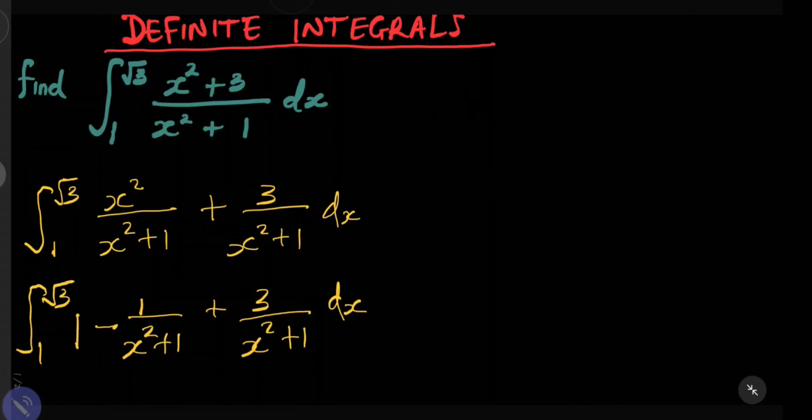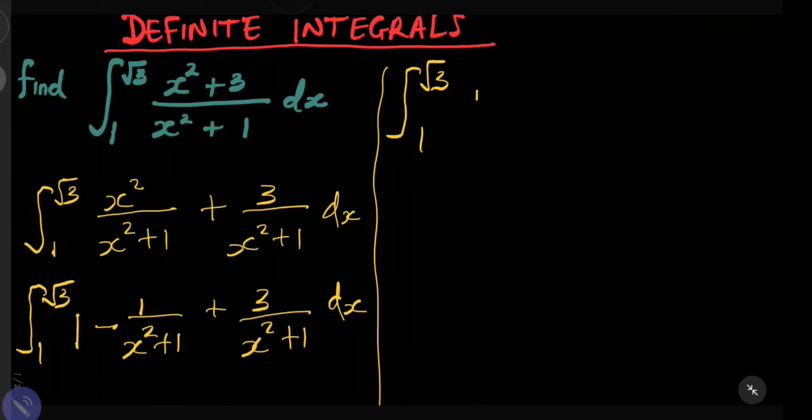All right. So we see that the second term and the third term have a common denominator. That means we can still rewrite this expression: you have 1 minus 1 over x squared plus 1 plus 3 over x squared plus 1.